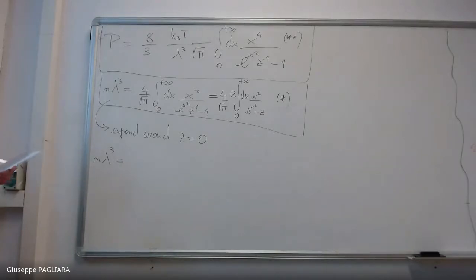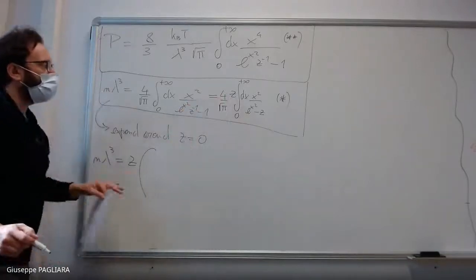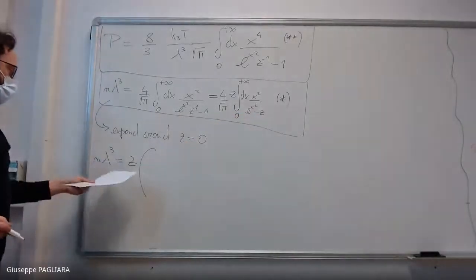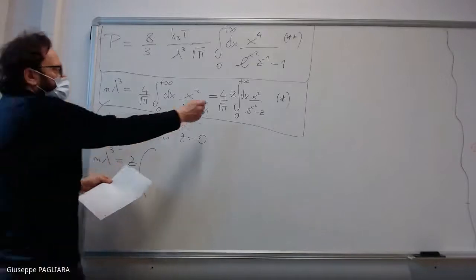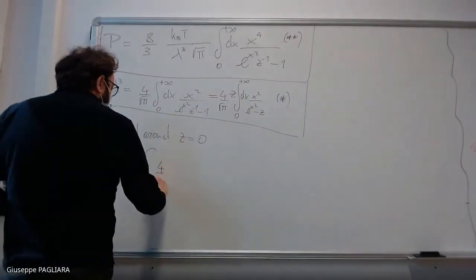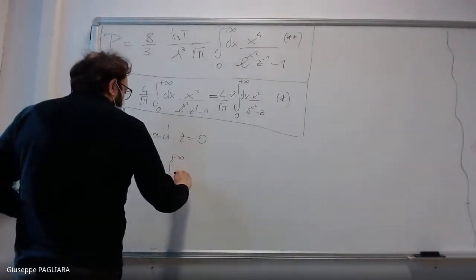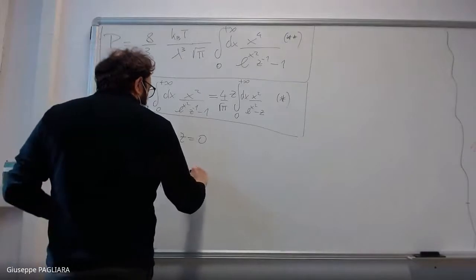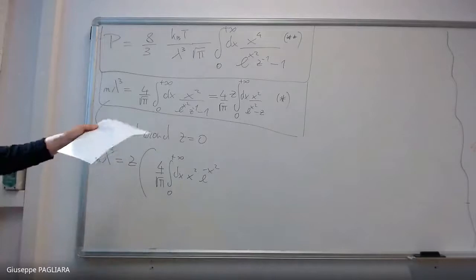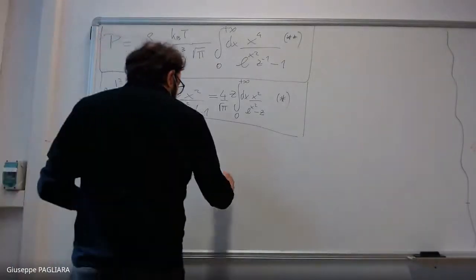So then I can write this as z, which is outside, and then I expand this expression around z equal to 0. The first term will be 4 divided by square root of pi integral from 0 to plus infinity of dx of x squared e to the minus x squared, because z is equal to 0 at the first order.